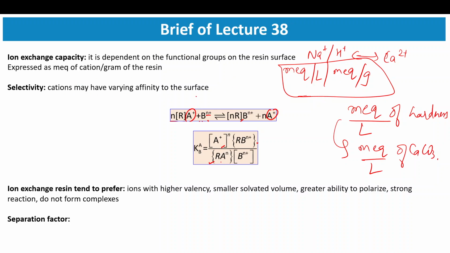So cations may have varying affinity to the surface, and for that you need basic laboratory experiments, and basic thumb rules are also available in the literature from those initial lab tests. Various theories are also available, which will provide you with guidelines to select any resin.